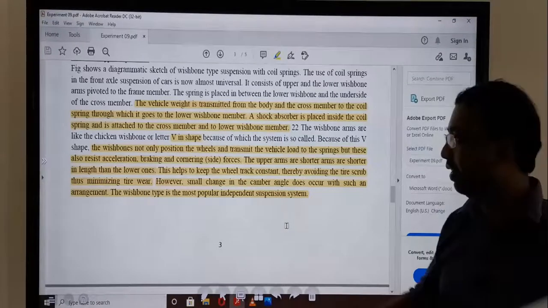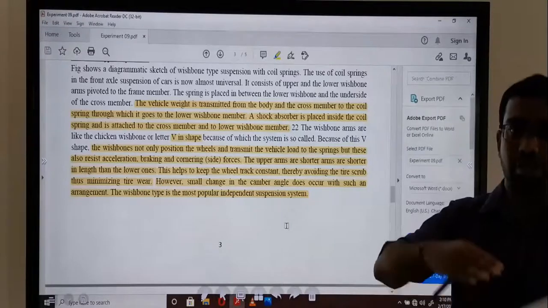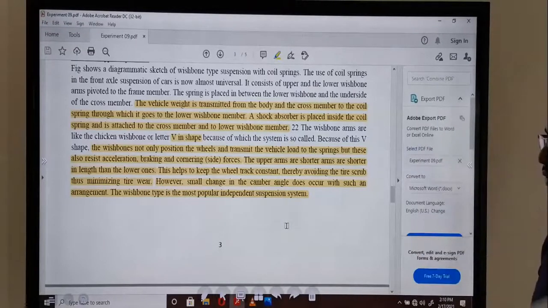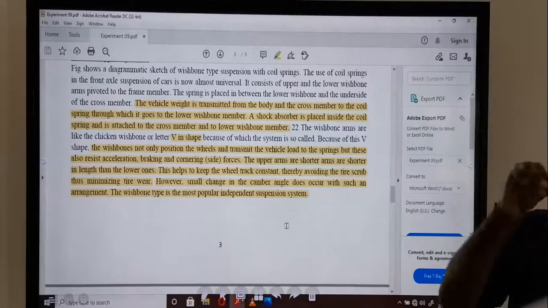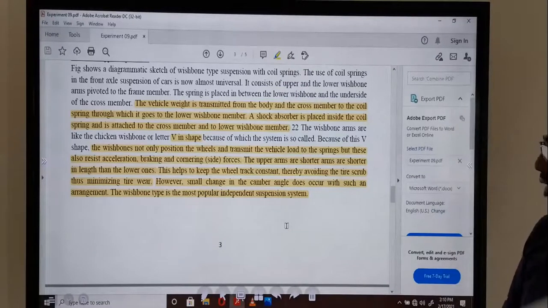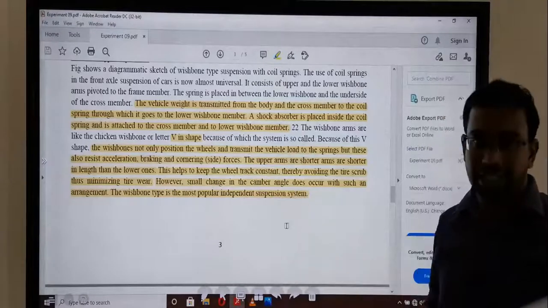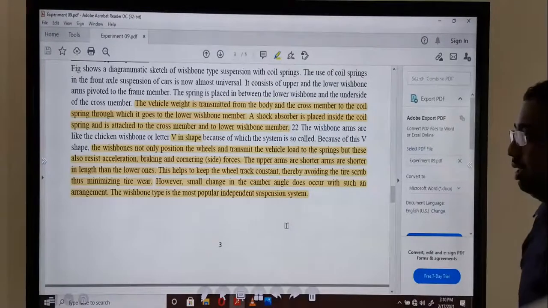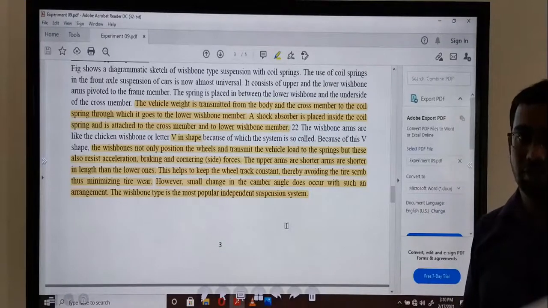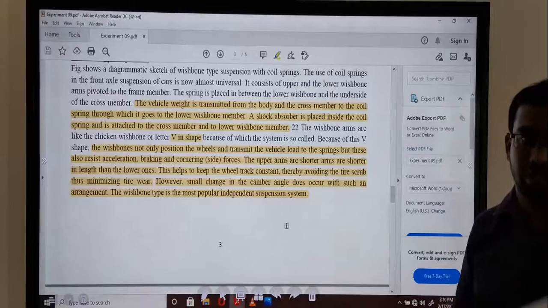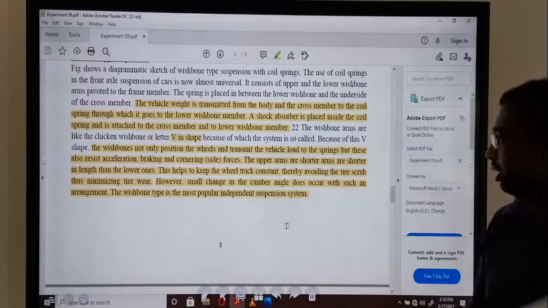It can bear any force in braking conditions also, when the weight of the vehicle is transmitted to this wishbone suspension. And the cornering side forces when turning, that time also this wishbone arm absorbs that kind of stress.